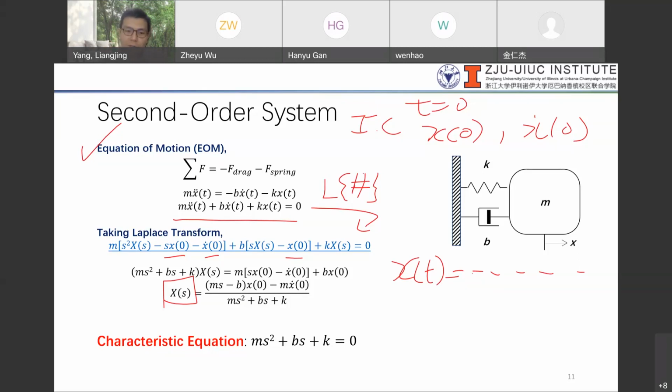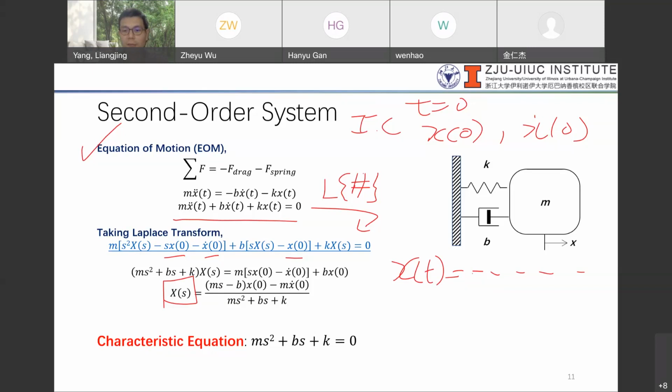But from here, even just by looking at this, we can already establish some information about this system by writing down the characteristic equation. All right. Okay, so in this case, it's a free response system.